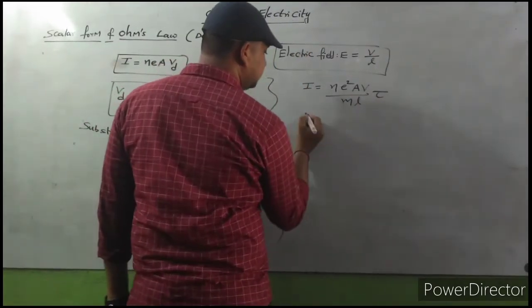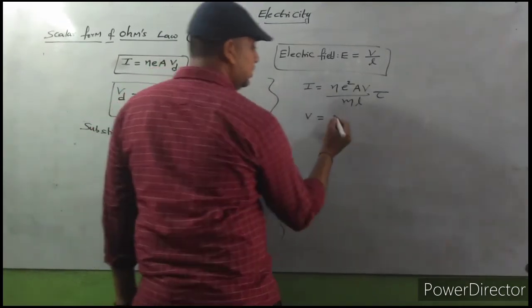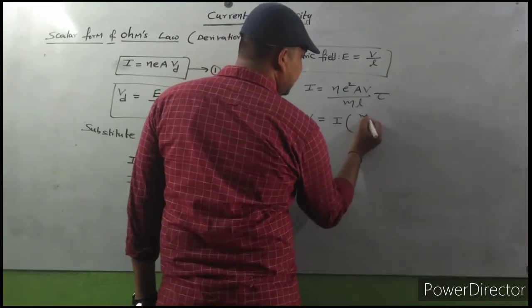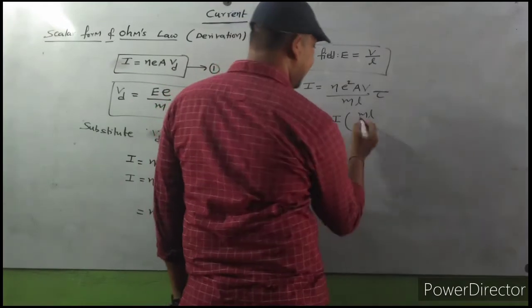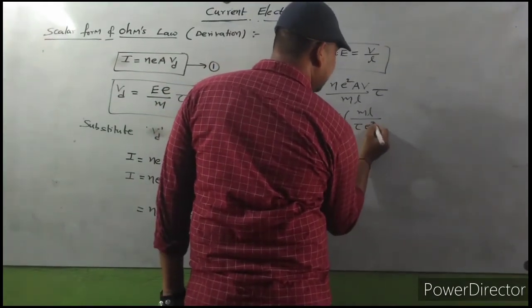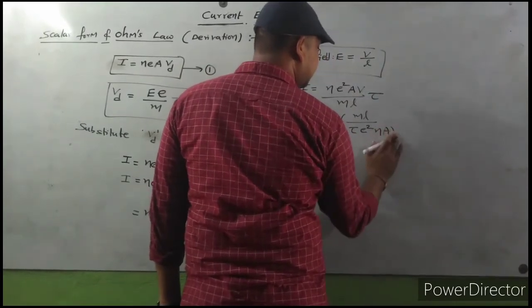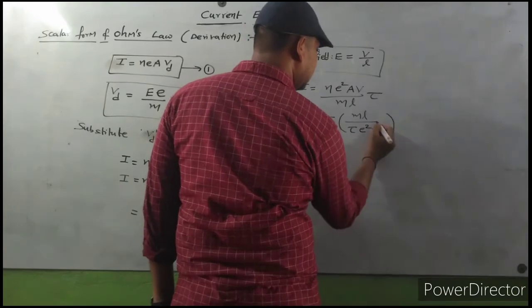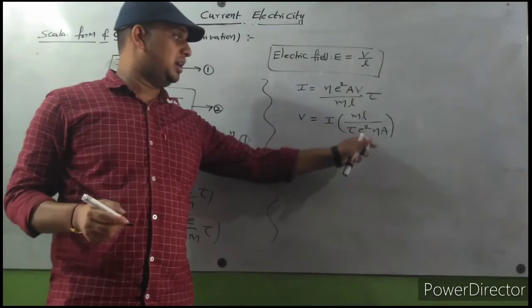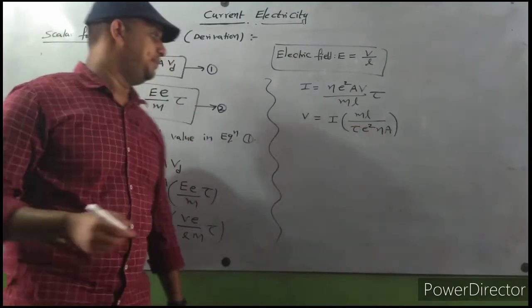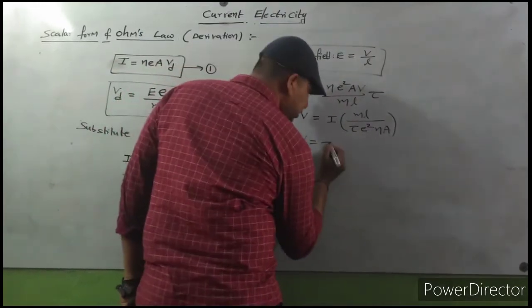So here V is equal to I into m L by tau e square N A. You can write it like this.